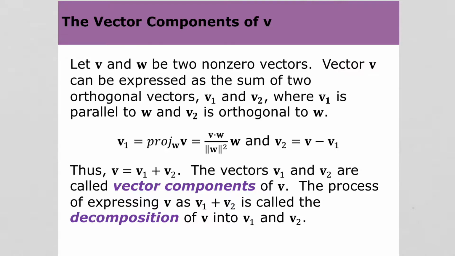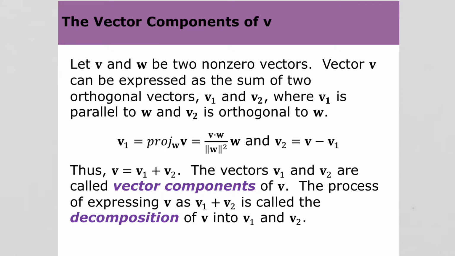Let v and w be two non-zero vectors. v can be expressed as the sum of two orthogonal vectors, v sub 1 and v sub 2, where v sub 1 is parallel to w and v sub 2 is orthogonal to w. So we're finding two vectors, one that's parallel to w and one that's orthogonal.